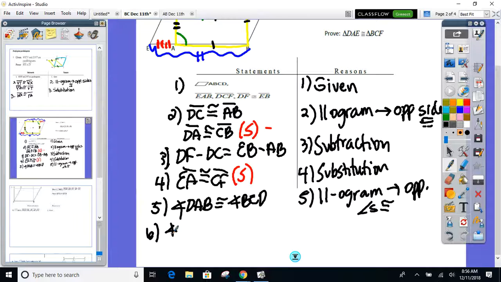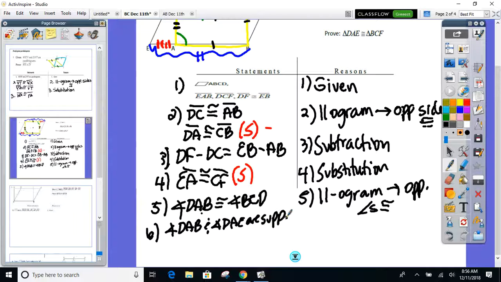You guys can keep trucking instead of looking at the diagram. Why don't I just look at my own notes? Angle DAB and angle DAE are supplementary.